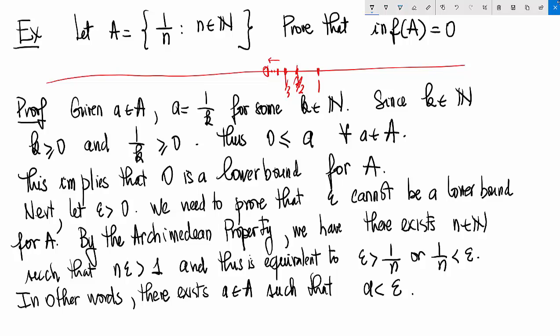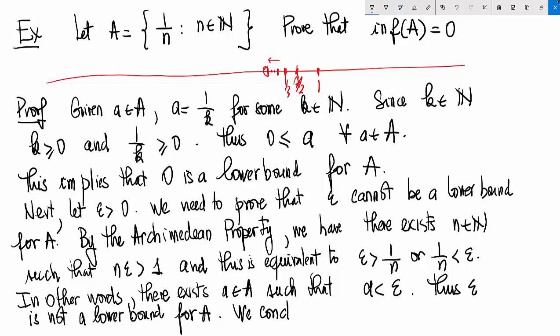So thus epsilon is not a lower bound for A, and we conclude that the infimum of A is equal to 0 because it is the greatest lower bound.